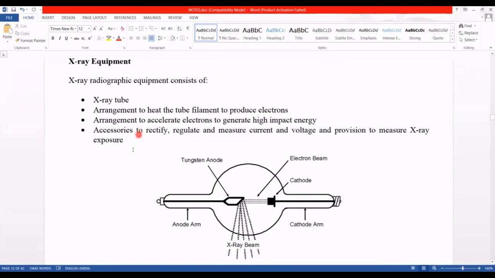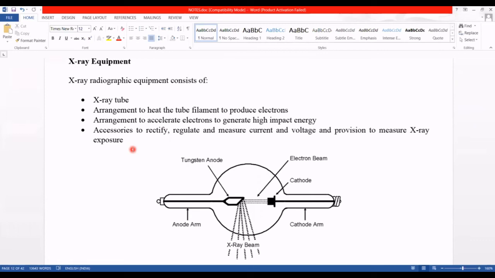Fourth is a control unit for regulating the X-ray intensity and measuring the current and voltage.